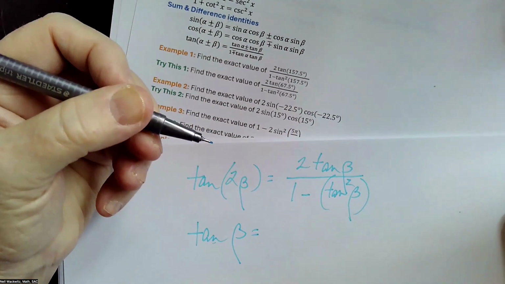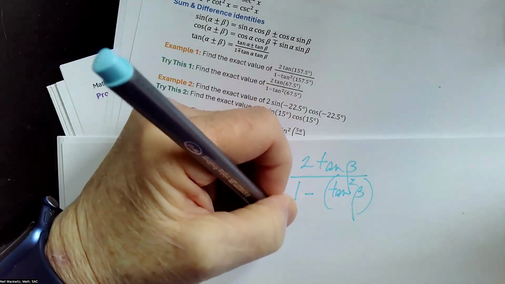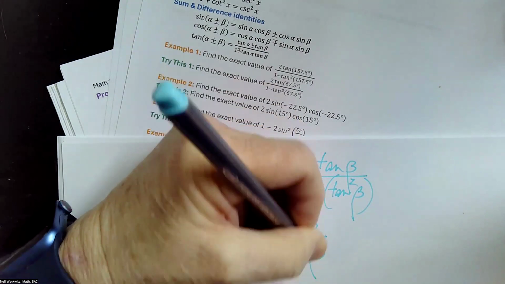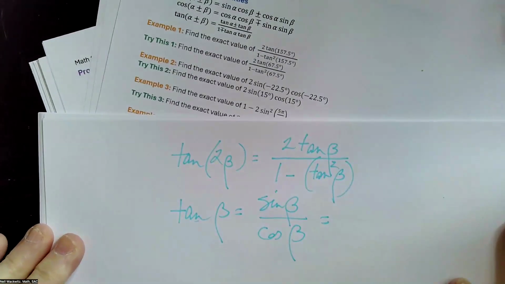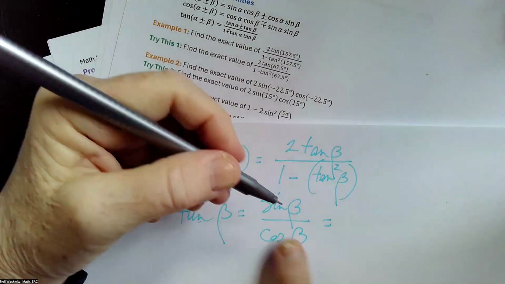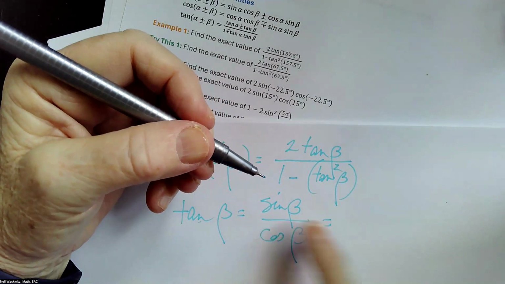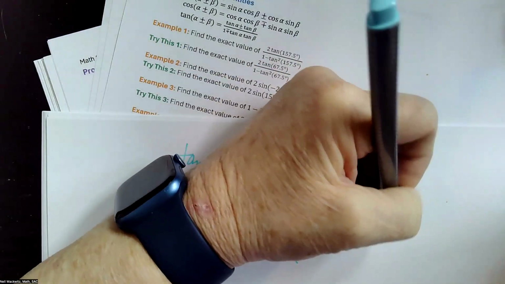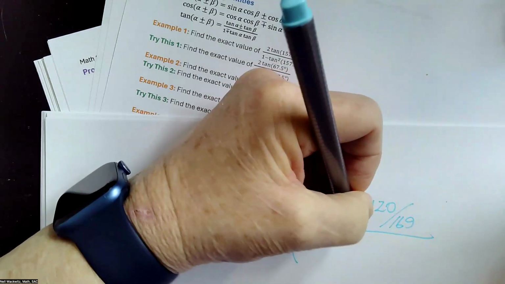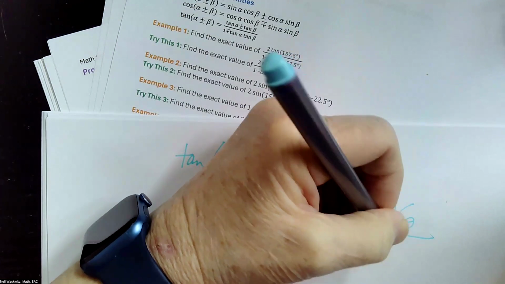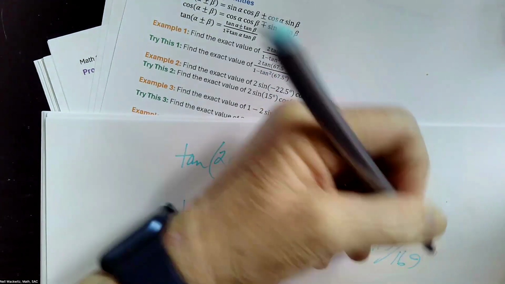And we're going to use the sine over cosine definition. So let's see. Sine, we said, was negative 120 over 169. And cosine was negative 119 over 169.